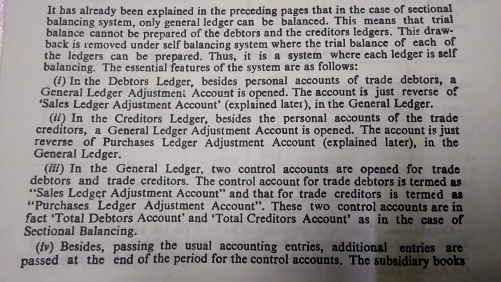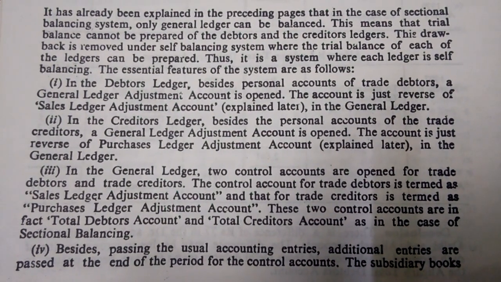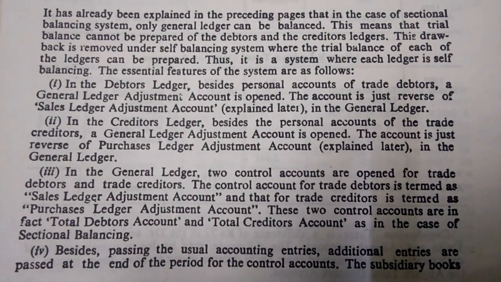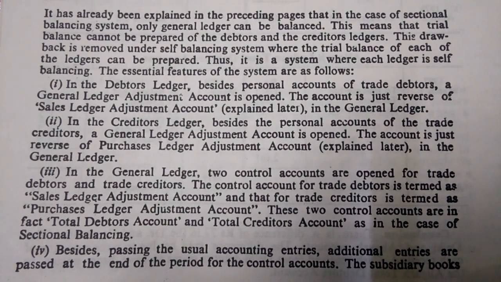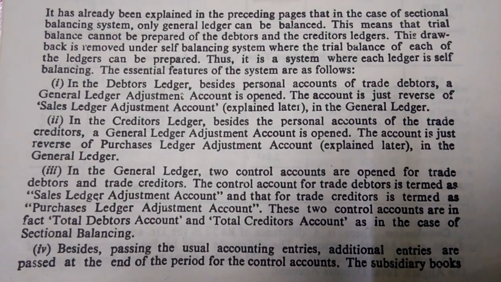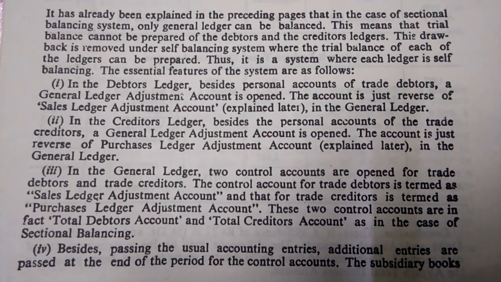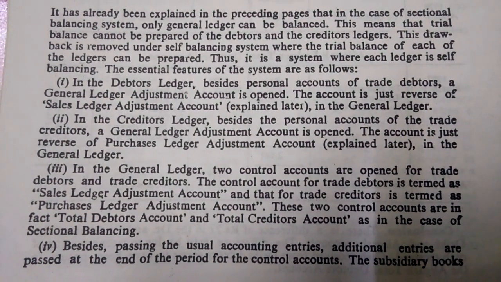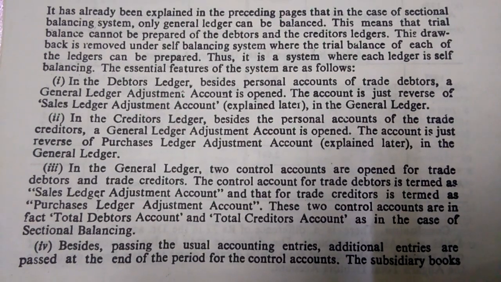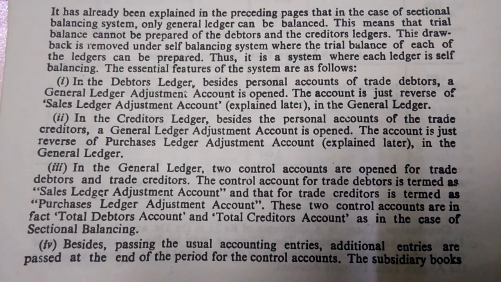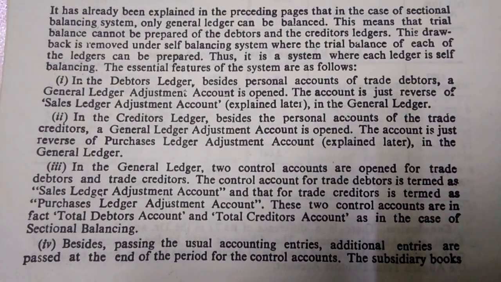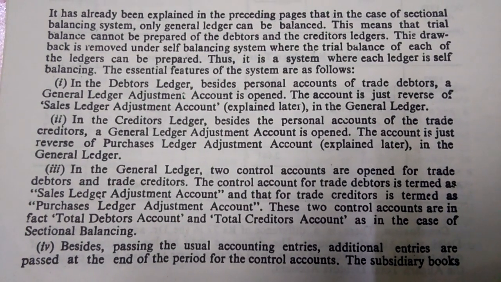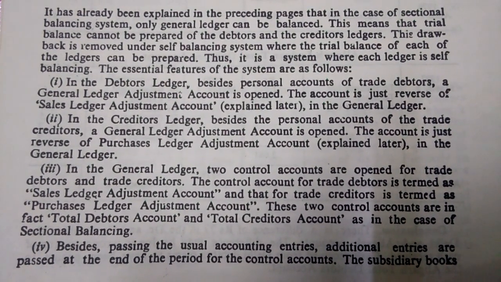And third one, in the general ledger, two control accounts are opened for trade debtors and trade creditors. The control account for trade debtors is termed as sales ledger adjustment account, and that for trade creditors is termed as purchases ledger adjustment account.